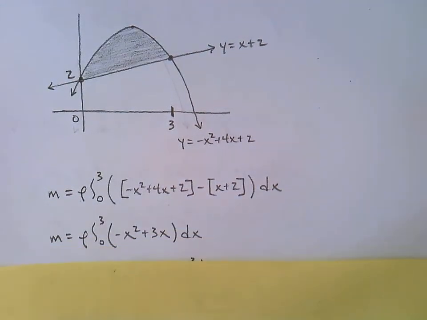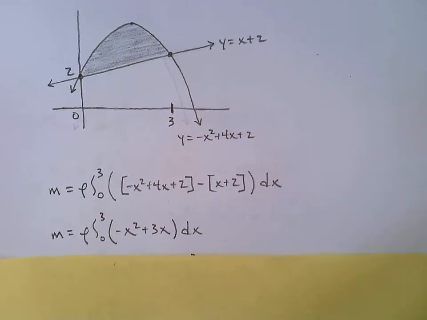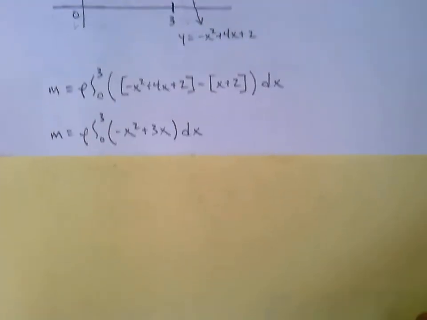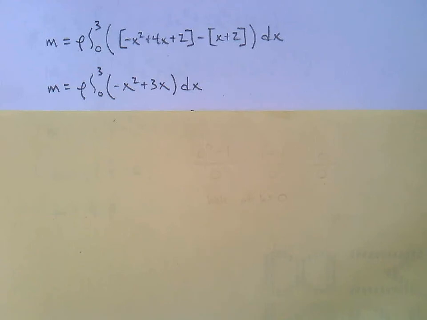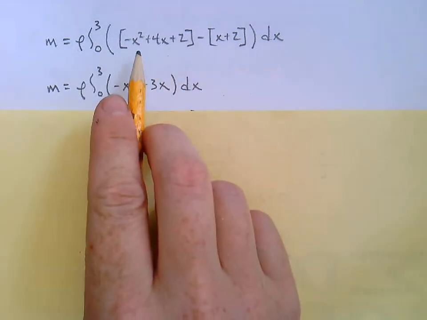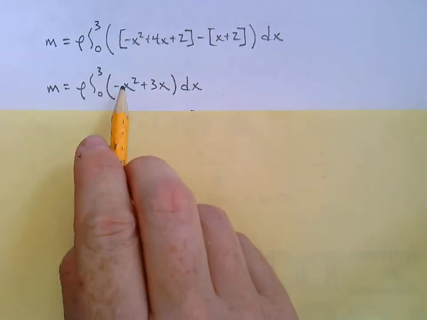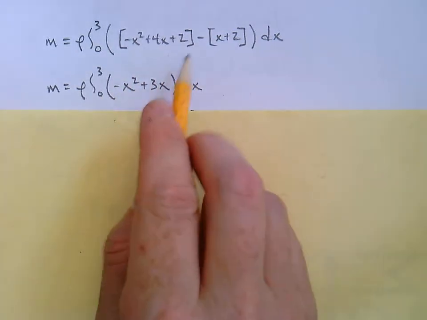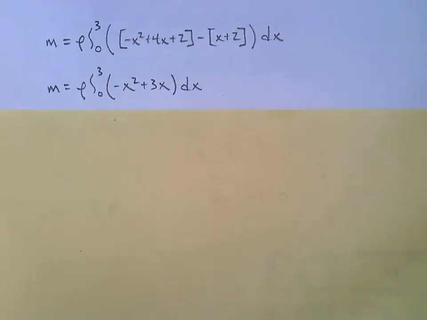From there, let's simplify. Simplifying, not too bad. Before we do our integrals, negative x squared plus 3x, and the 2's cancel.